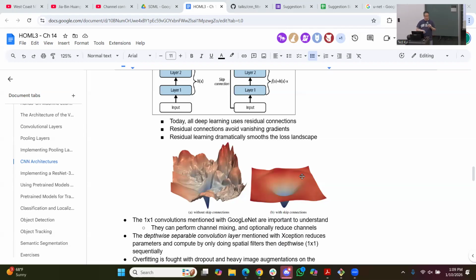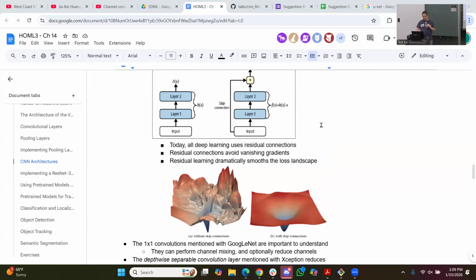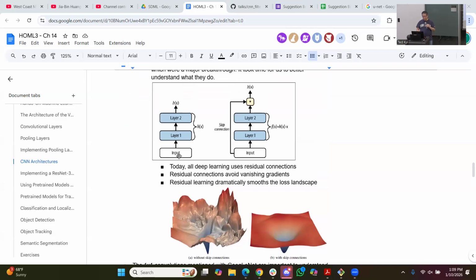So I'm not showing too many diagrams. You can refer back to the book. I can look for it, but basically the idea is up until the ResNet came out, when we talk about multiple layers, they're just stacked like dominoes where the input to one layer affects the next layer directly and only the next layer directly.